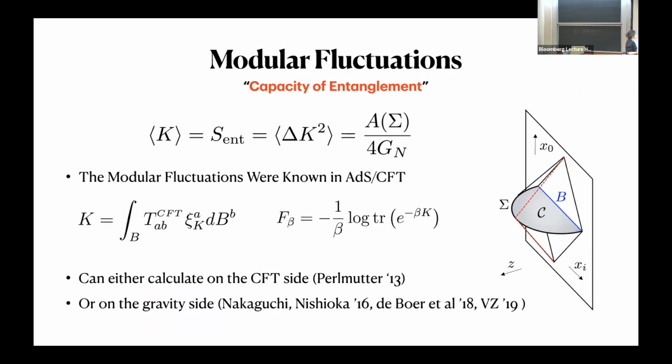So what's done there is that, in that case, the modular Hamiltonian is the CFT stress tensor. You have this conformal Killing vector, and then it's integrated over this volume here on the boundary. And you can either calculate this quantity on the CFT side, as Perlmutter did, or on the gravity side, and they all yield this result.